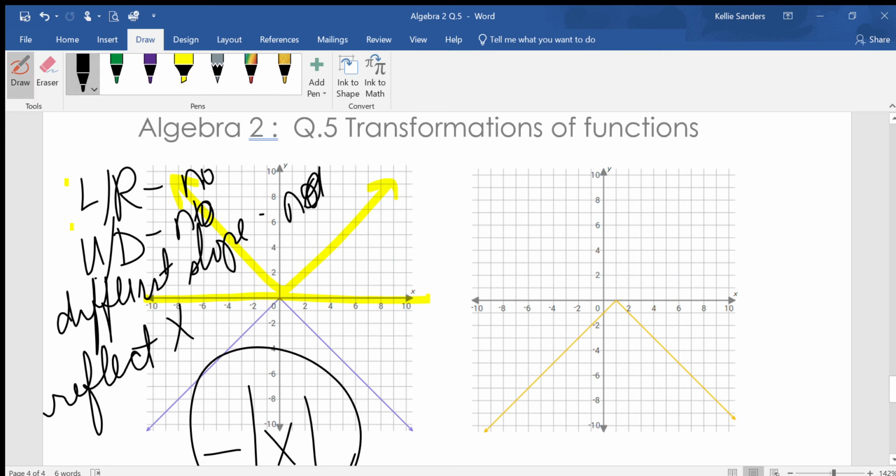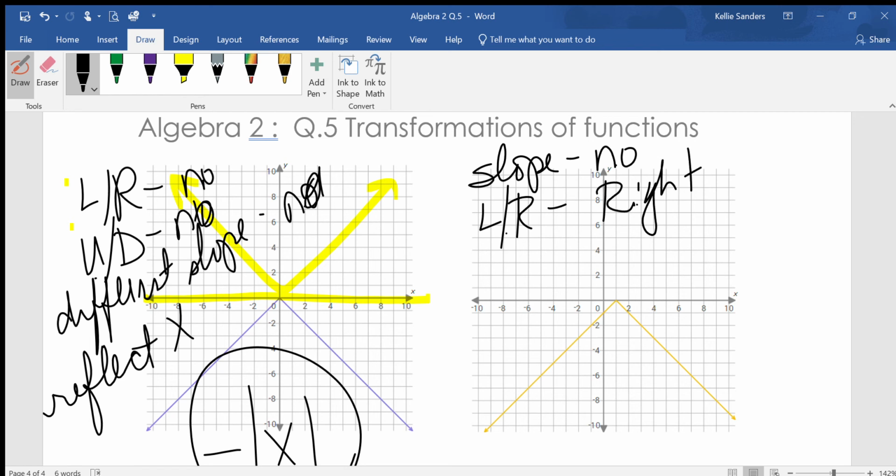Okay, so the slope, different slope? No. Did it go to the left or right? Yes, it went to the right 1. Did it go up or down any? No. And it also reflected the x-axis, right?